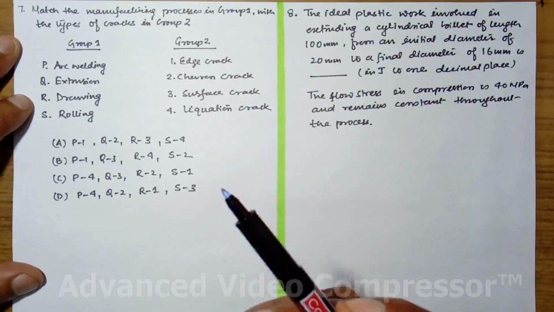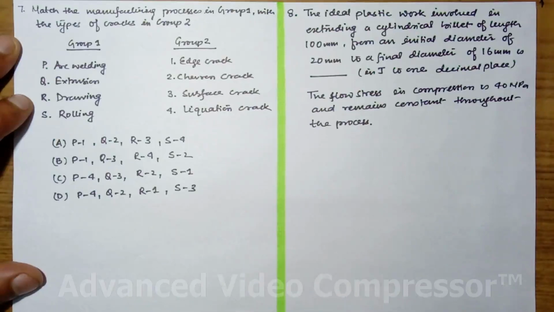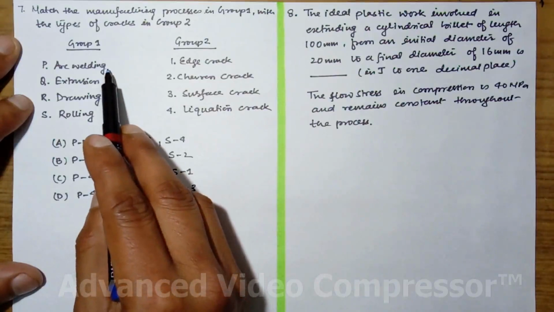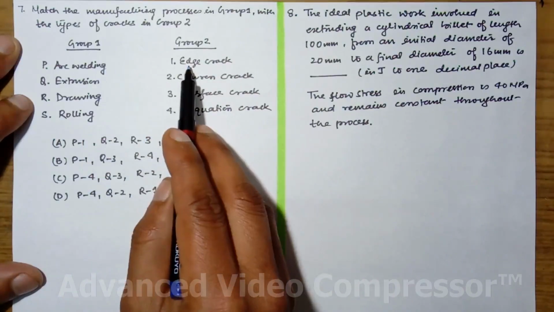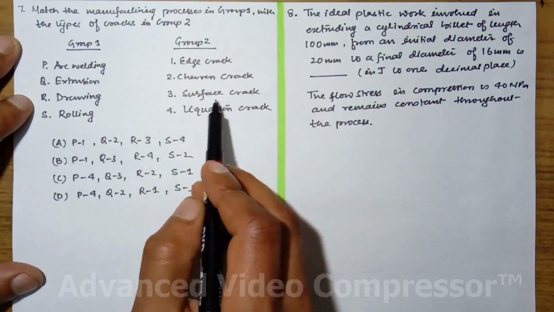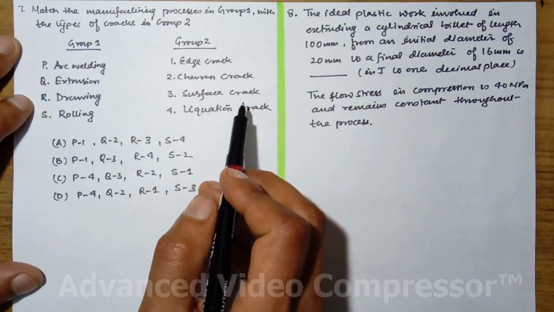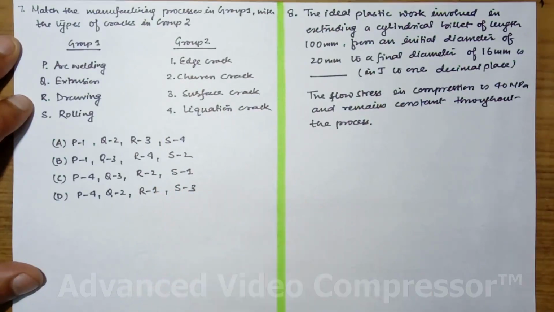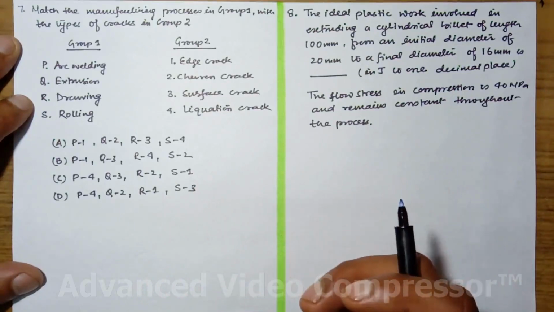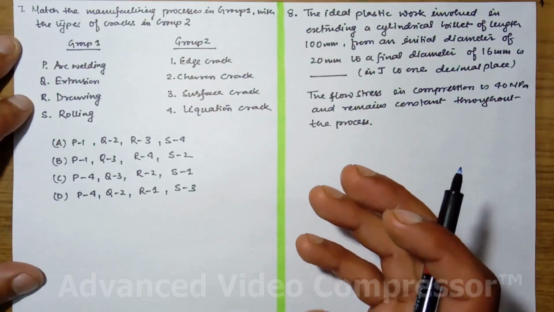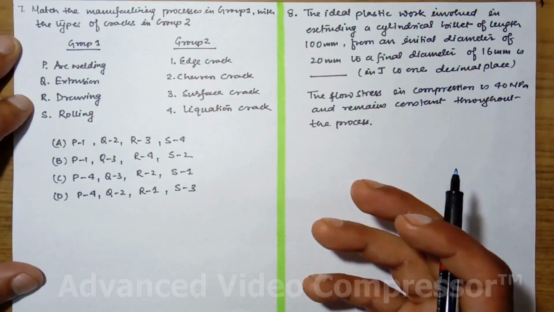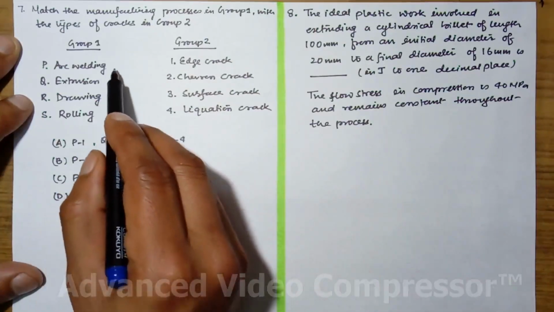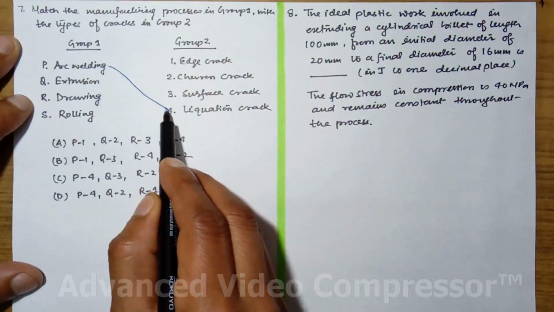What kind of crack can take place? Edge crack? No. Chevron crack? No. Surface crack? It may, but liquefaction crack is more favorable because it is related to welding. During welding, high temperature is reached, and some elements can melt, and this can lead to liquefaction crack. So P should match with 4.